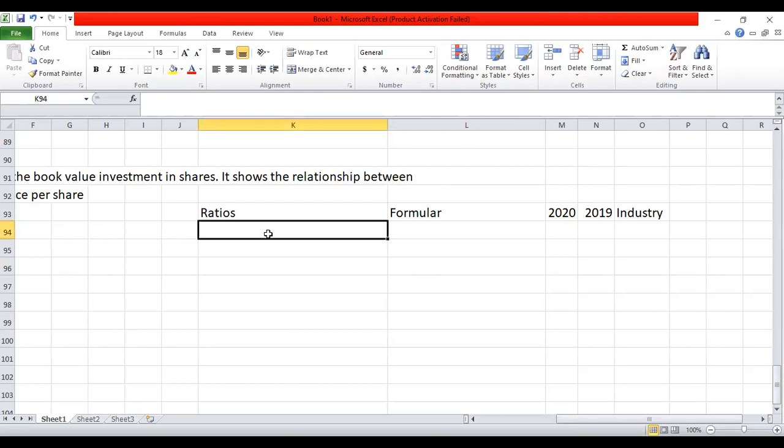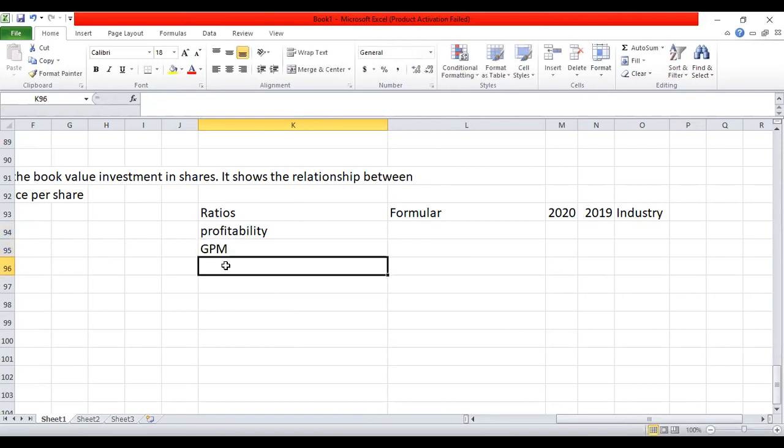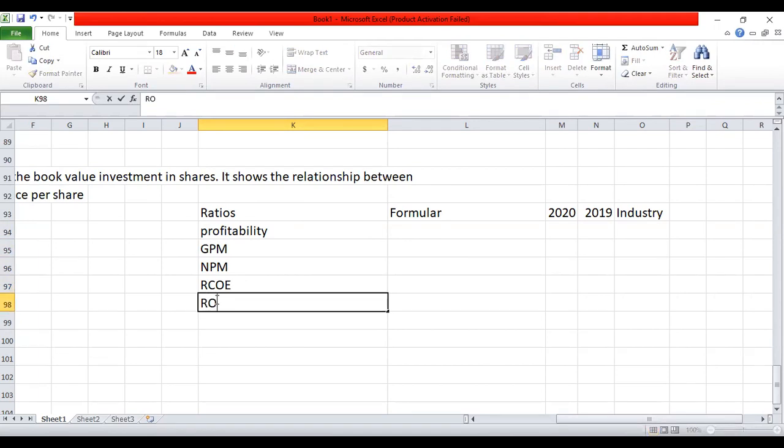Now, if I'm answering here, I'm going to say profitability. I'm going to assess the profitability of the business. What are the key ratios in profitability? I have maybe the gross profit margin. I have the net profit margin. I have maybe the return on capital employed. And I have the return on asset.